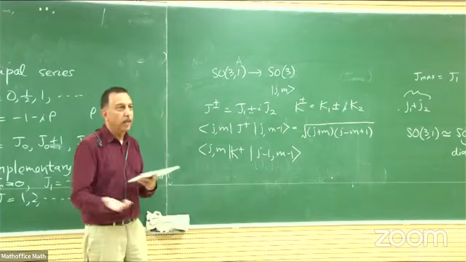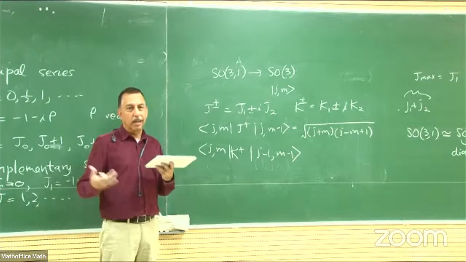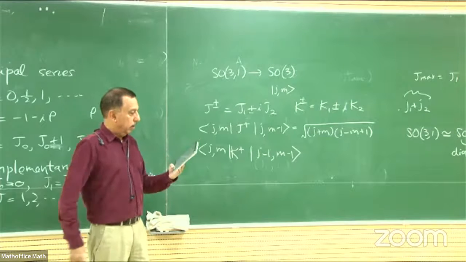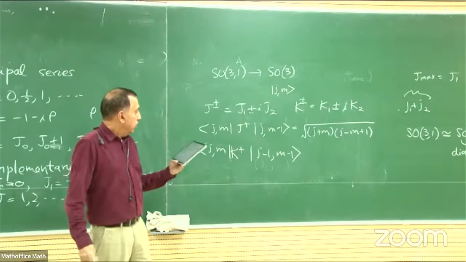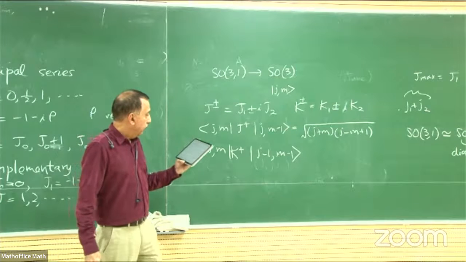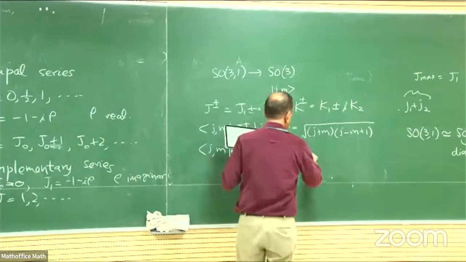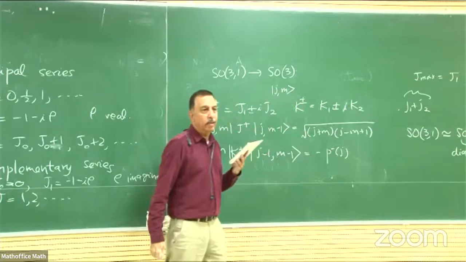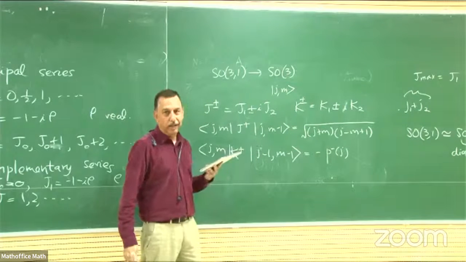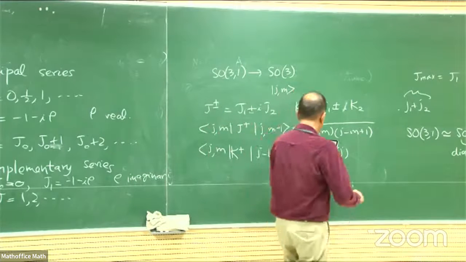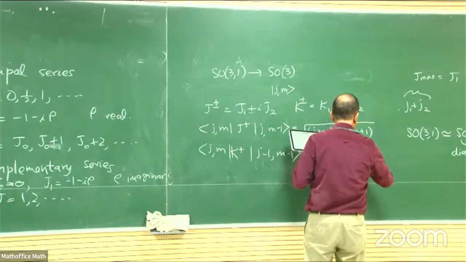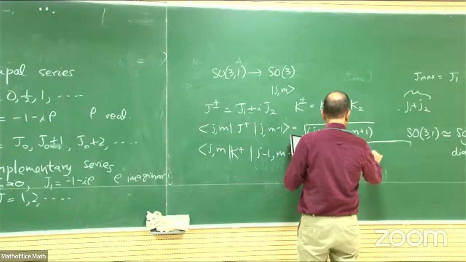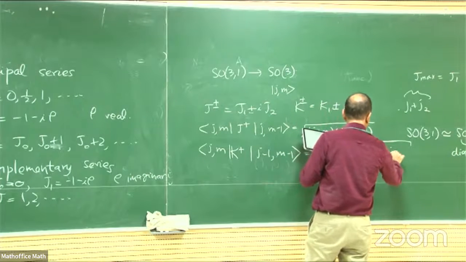Again, it's well known in quantum physics because these govern the kind of transitions you can see in atoms. So this one, for example, is labeled as minus P minus of J. P minus is an unknown function which this symmetry argument cannot fix, and he's going to try and fix it. Apart from that, it has again a similar square root form, J plus M, J plus M minus 1.